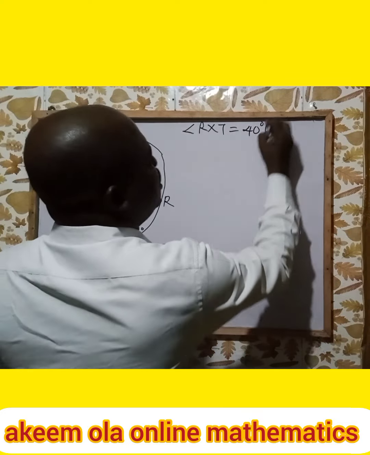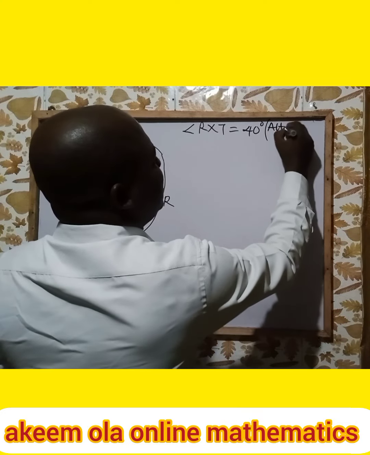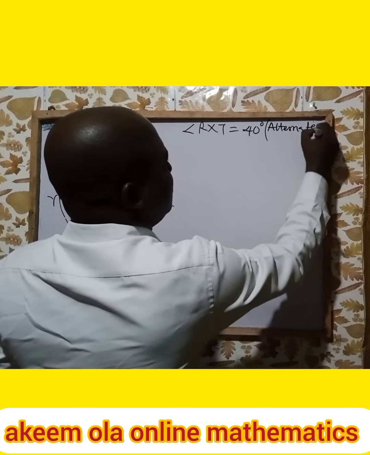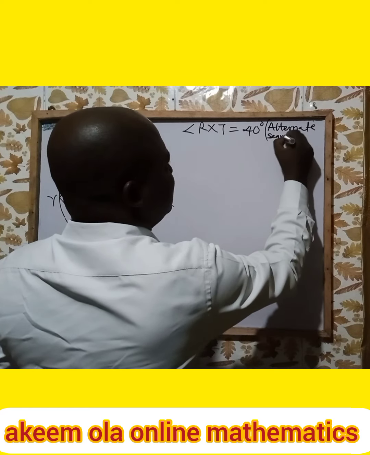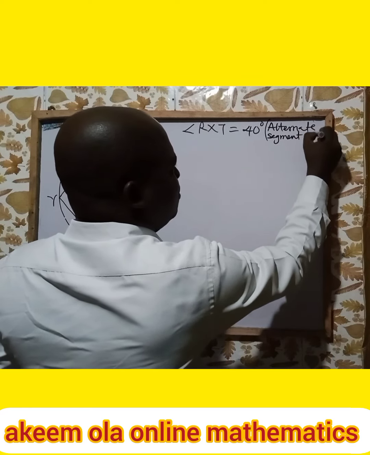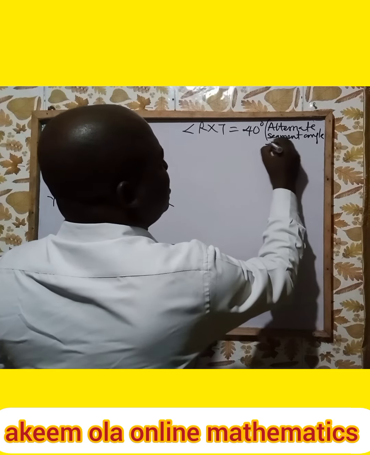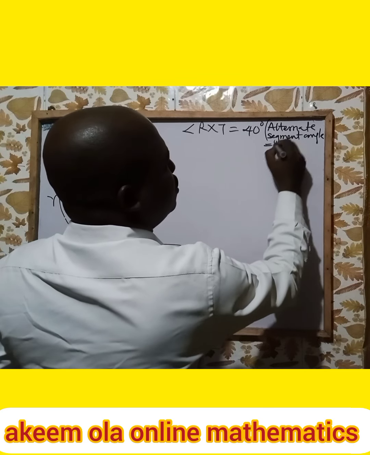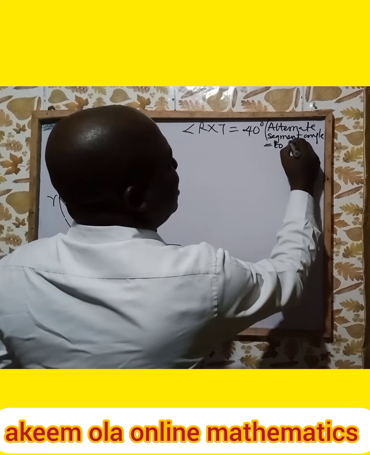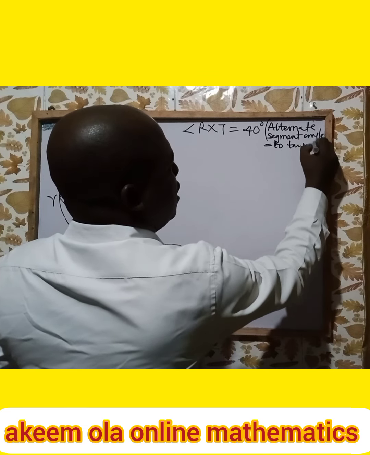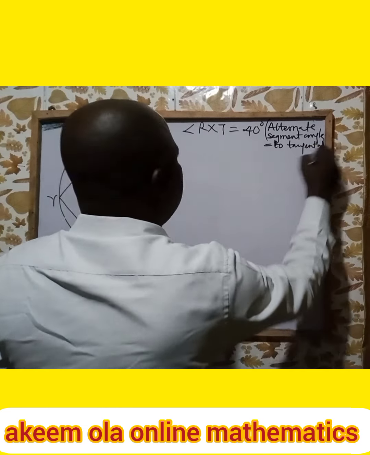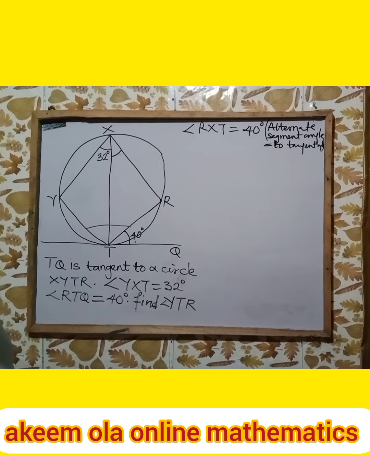So we have the reason: alternate segment angle is equal to tangent angle. That is the first thing that we are going to consider.